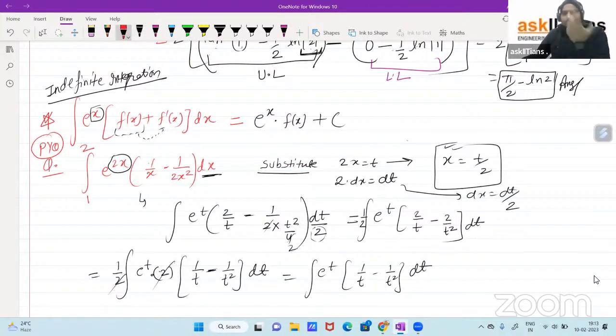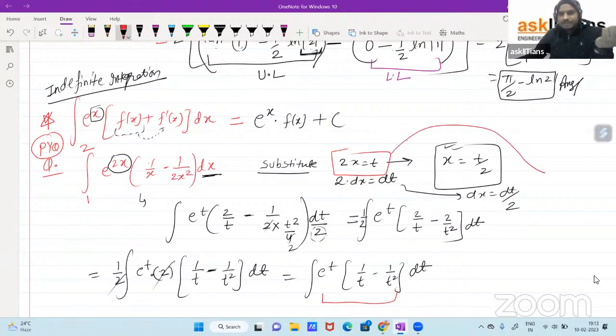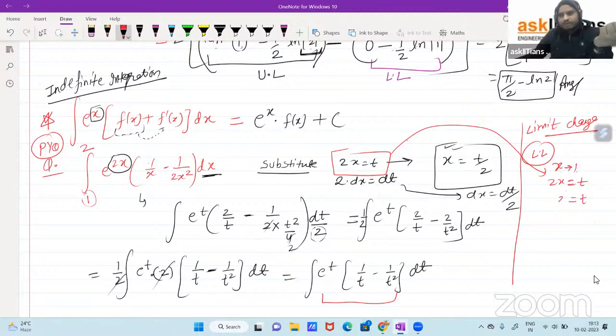Now your limits will also change. If you want the answer in terms of t, the limits will also be changed. If 2x equals t, limit change I am writing over here. When x approaches 1, in case of the lower limit, t will be 2 into 1, that is 2.